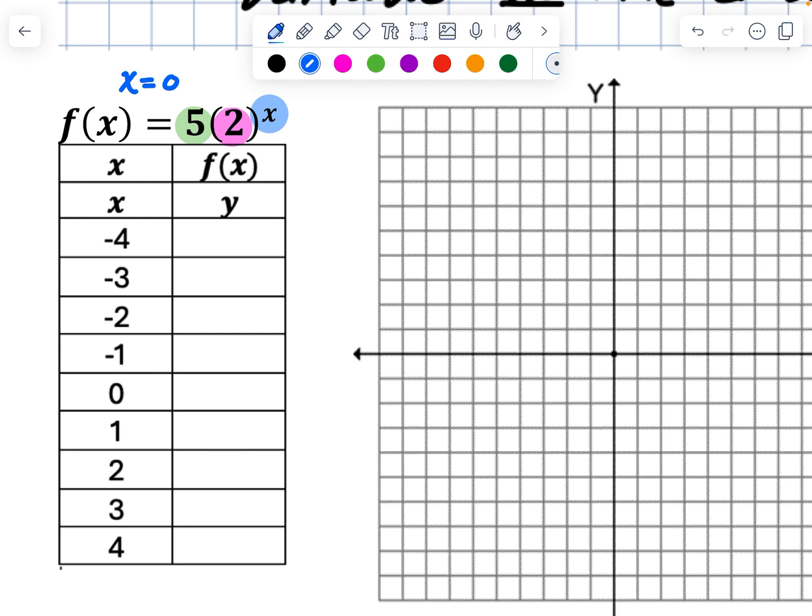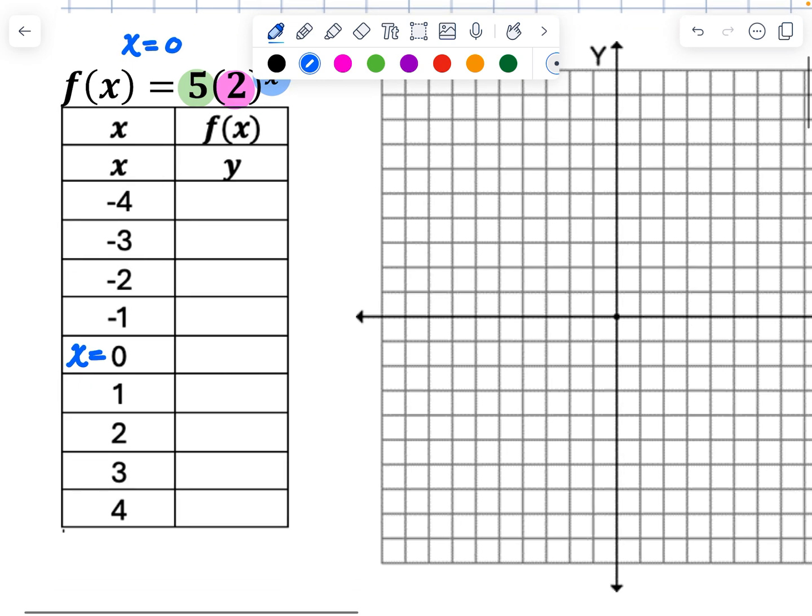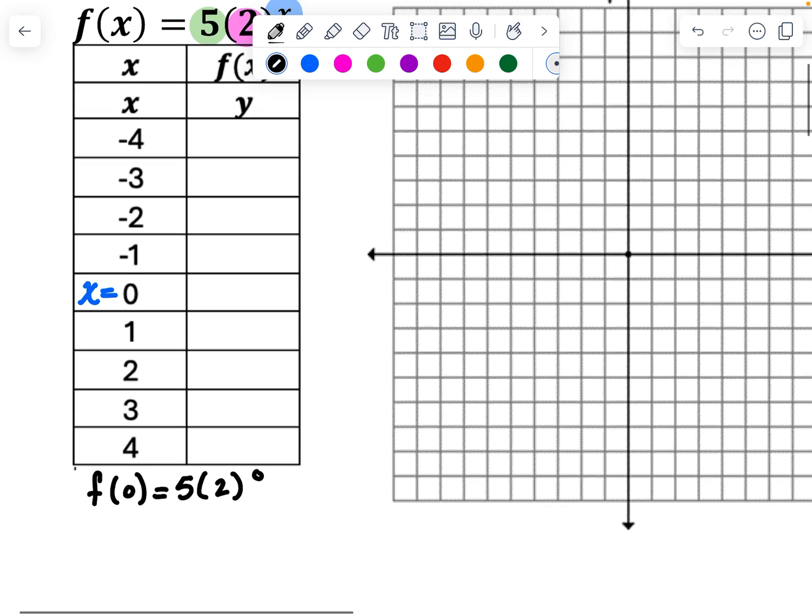If x equals 0, then the function is 5 times 2 to the 0 power. Now, any number raised to the 0 power is the number 1. And therefore, when x is 0, the value of y is 5.